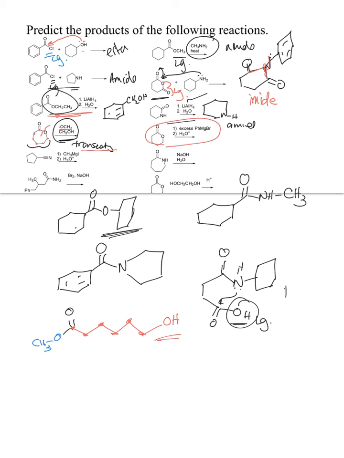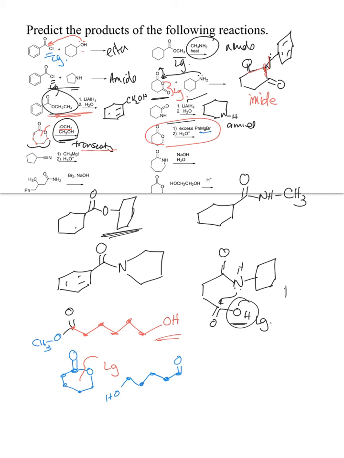This one here is an ester with a Grignard. It's an important reaction that you've already learned. So let's look at that. This is going to be your leaving group. So 1, 2, 3, 4, 5, 1, 2, 3, 4, 5.